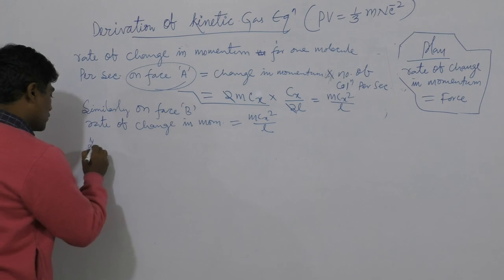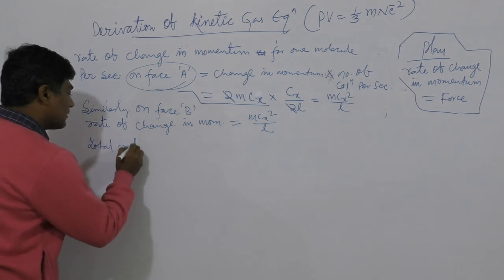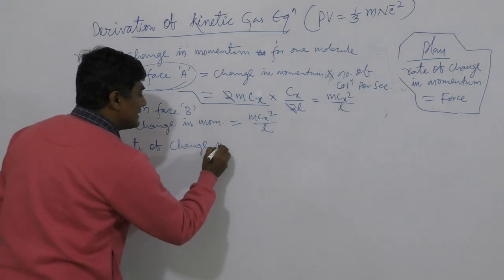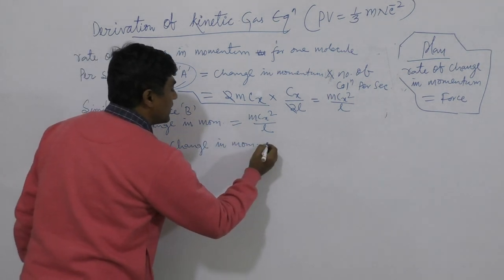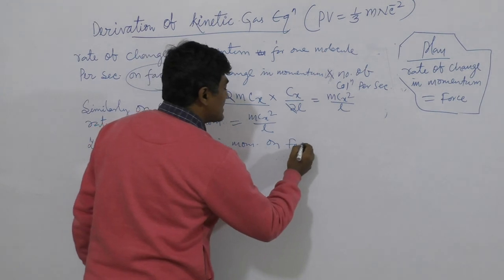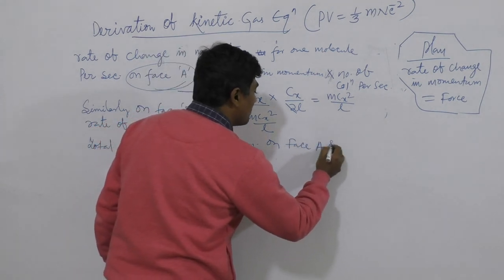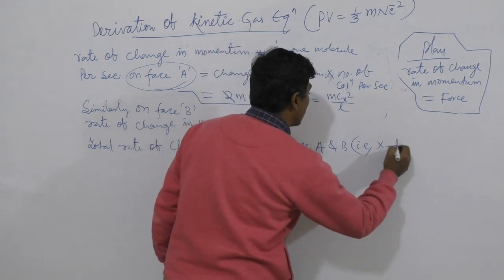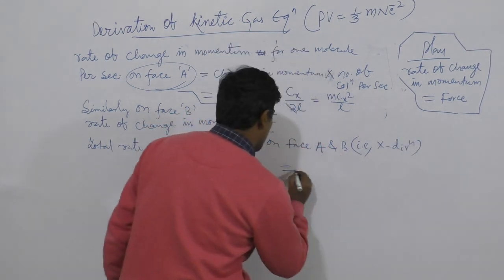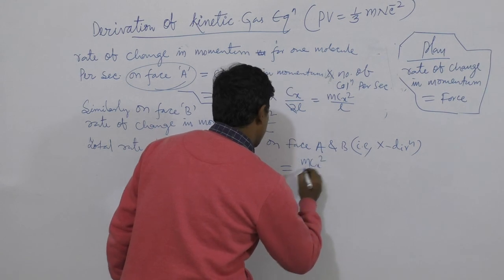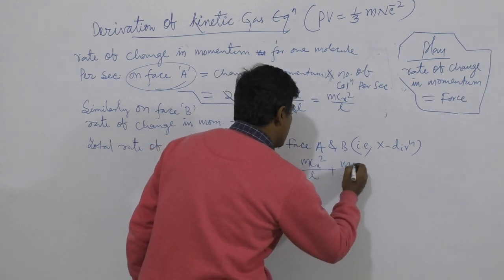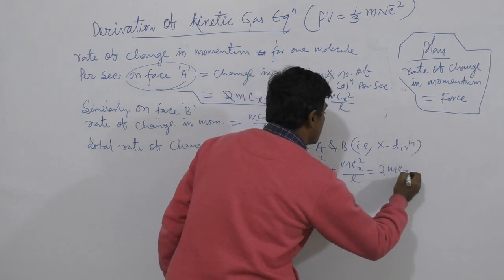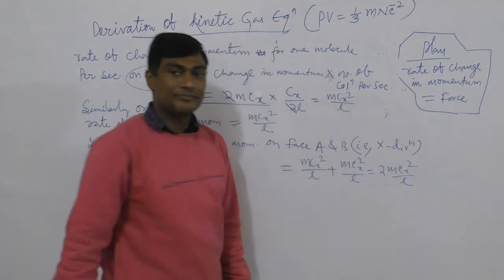So the total rate of change in momentum on faces A and B in the x direction is mcx square by L plus mcx square by L. This gives you 2mcx square by L.